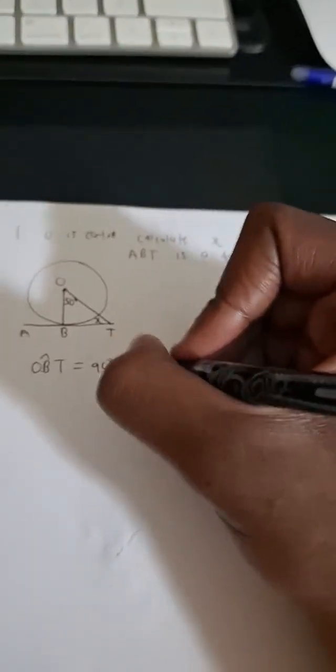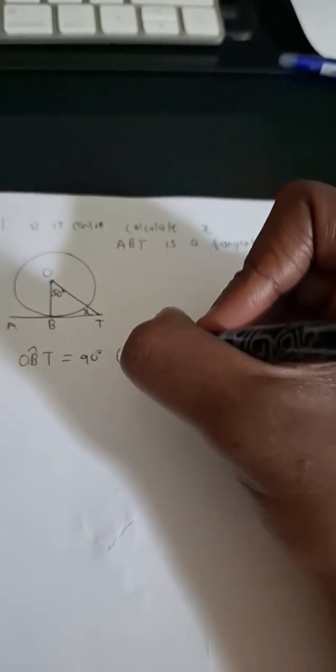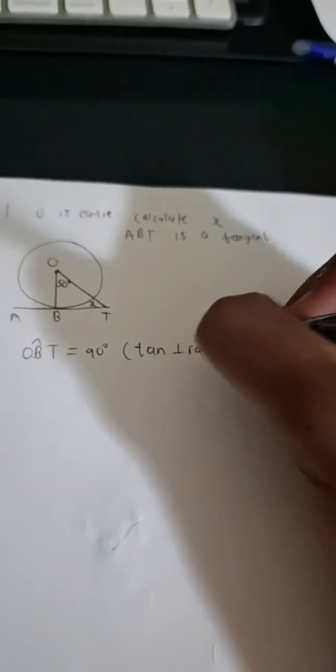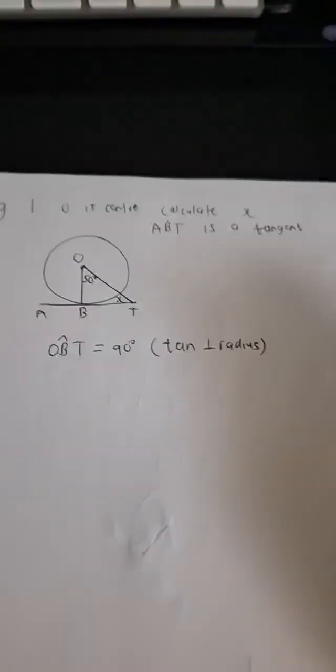We say that this angle here is 90 degrees, obviously. So we'd say OBT is equal to 90 degrees. And our reason, as I said to you, we just simply say tangent perpendicular to radius. That's it, guys.